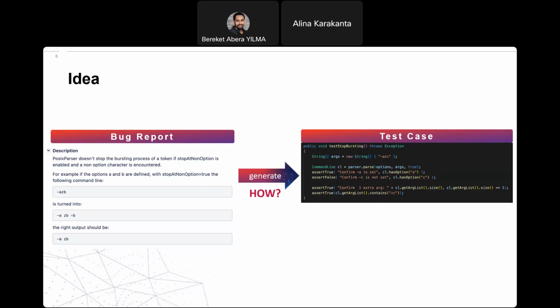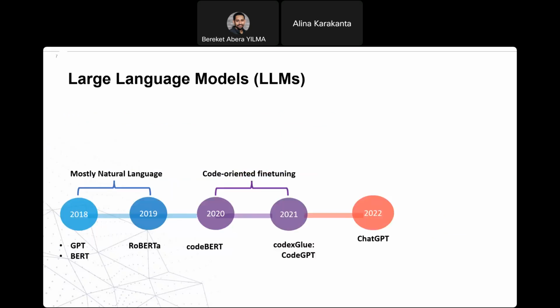So then the question is, well, how can we now generate those test cases and try to address the problem? So we have seen that large language models have shown many successes. So here are just a few examples. I know there are many more, but traditionally, most language models were really focused on natural language, but very soon they have also been fine-tuned for code-oriented tasks.